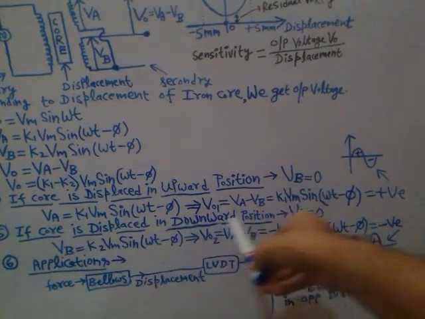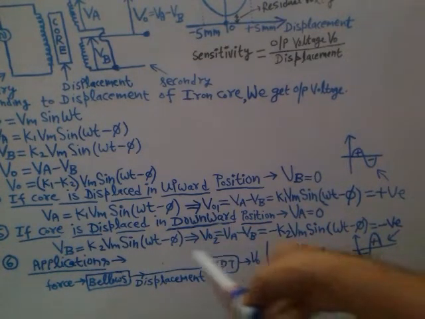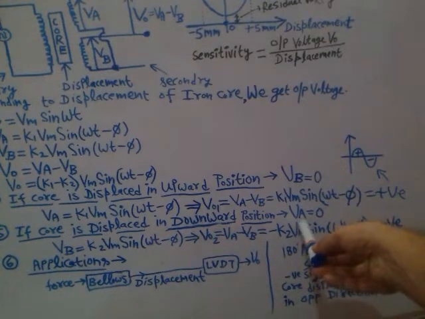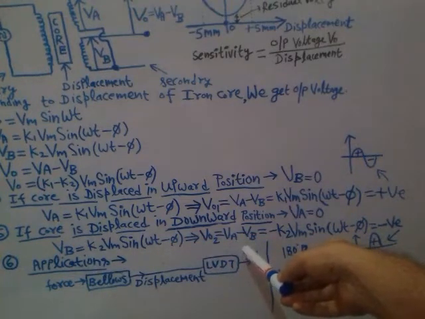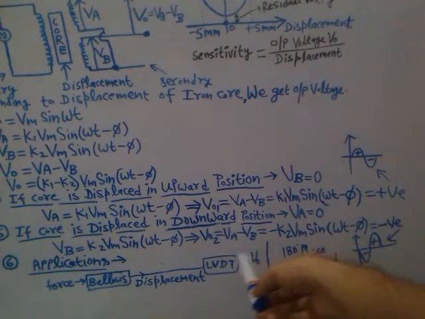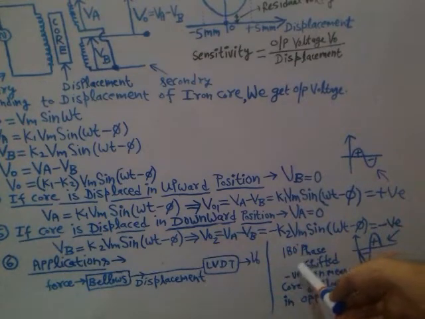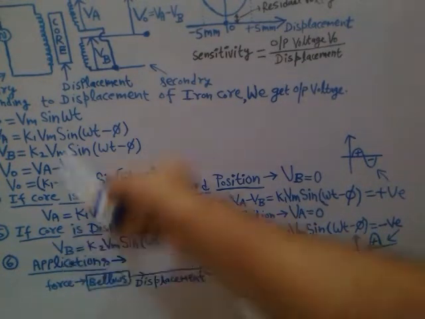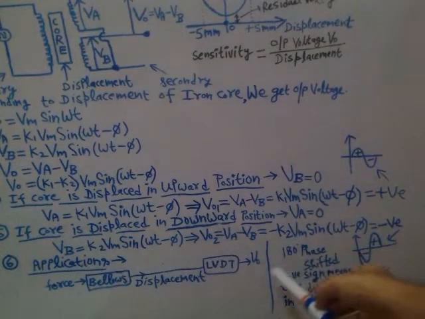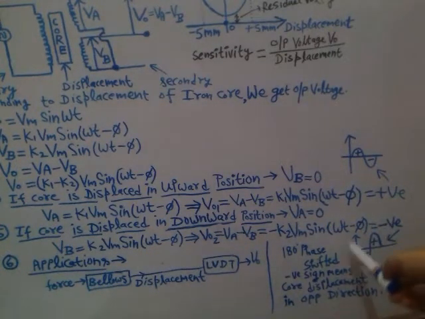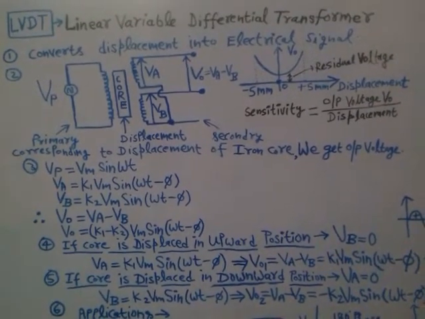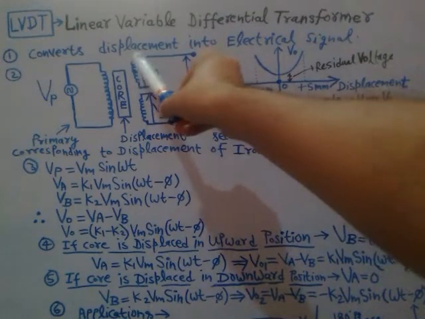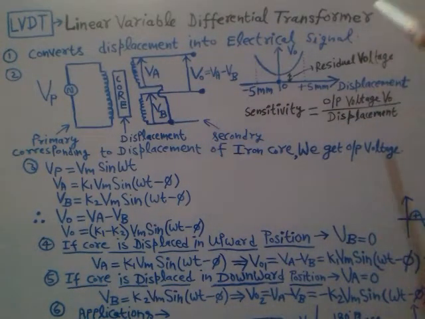If you displace the core in the downward position, Va will be very small and only Vb will be present, majorly. So you will get the output voltage due to the lower part of the secondary winding, and that's why you get a phase shifted output. That's how your LVDT converts the displacement into an electrical signal.